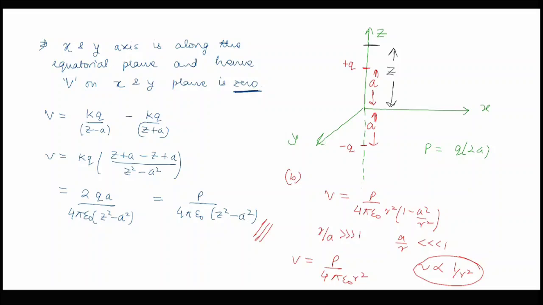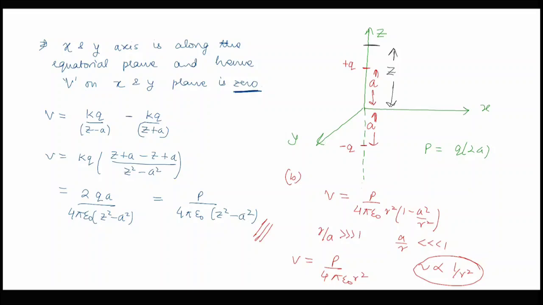Now in the C part the question is asking how much work is done in moving a small test charge from the point 5, 0, 0 to minus 7, 0, 0. So as the particle is taken on the x-axis, the value of potential at both these points is going to be same, since the positive and negative charge is at the same separation at both these points, and hence there is no change in potential energy due to the motion of the small test charge, and hence the work done is going to be 0.